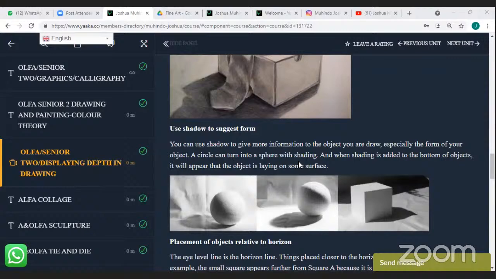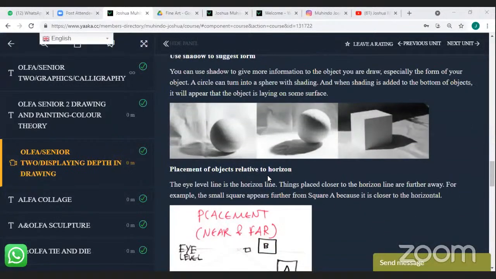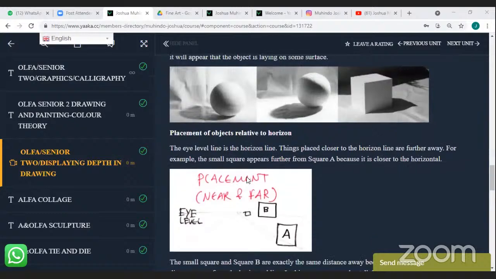When you draw, you should realize that because there is an effect of light, the light is coming from this side, and the shadow will appear this side. So when you do that, we shall really see there is depth in this work. So it is very important for us to take into consideration.